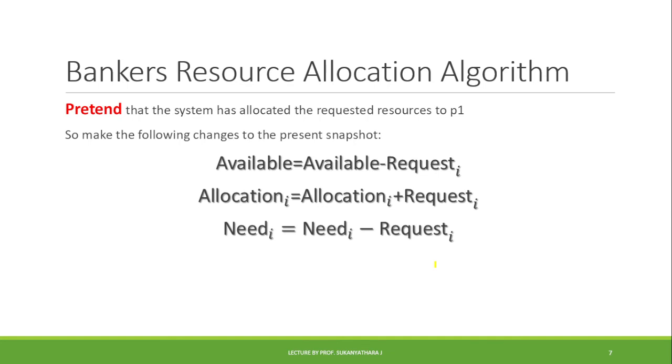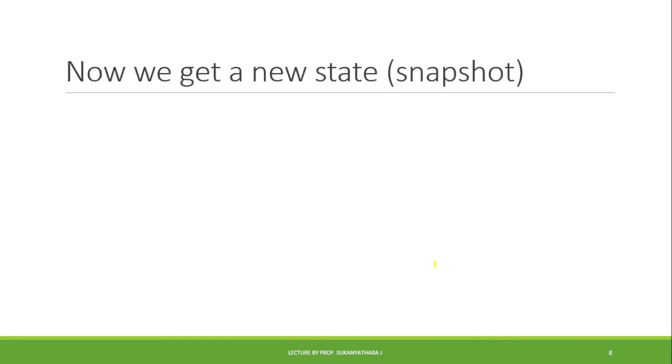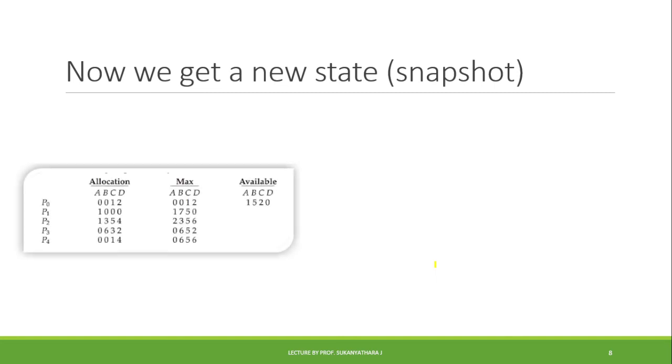After making these three changes, we get a new state, a new snapshot of the system. It is not an actual thing, it is what the operating system just calculates. The operating system didn't actually grant the resources, it is just pretending they are granted to see whether the resultant state will be safe or not.